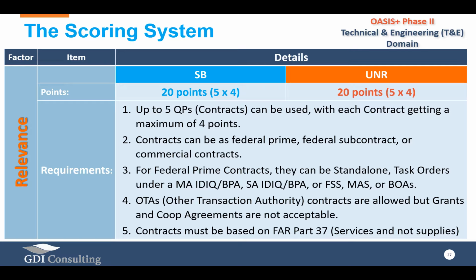Also, OTAs, other transaction authority contracts, are allowed. You can use those, but grants and co-op agreements cannot be used. Finally, contracts must be based on FAR Part 37 services and not supplies. So you can't use a contract where you provided, for example, equipment to the government. It has to be of the type services.